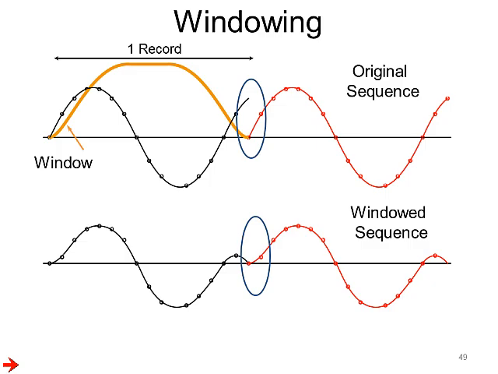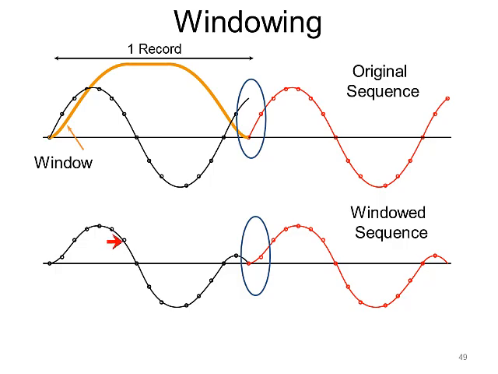So one can take the input data sequence, where the input does not lie on a bin, and multiply it by a window function, which is high in the middle of the record, and tapers down close to zero at the ends of the record. Once you multiply the input sequence with a window, the resulting sequence is this.